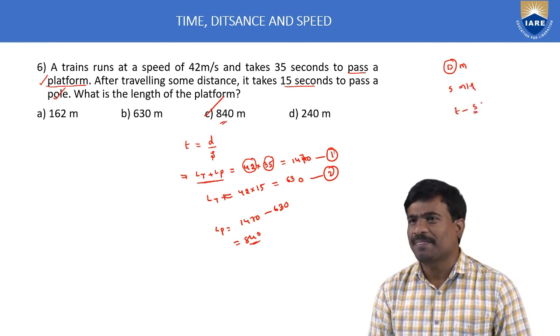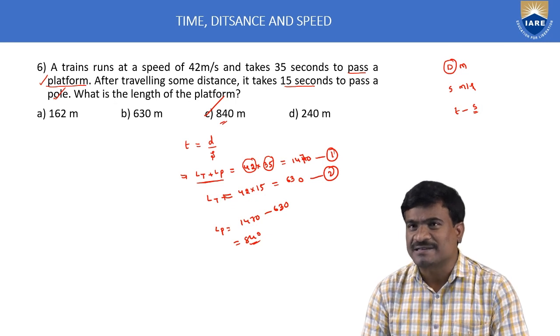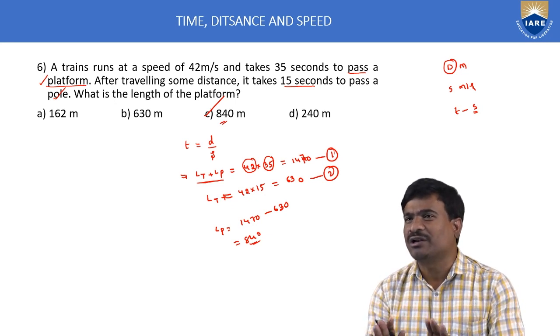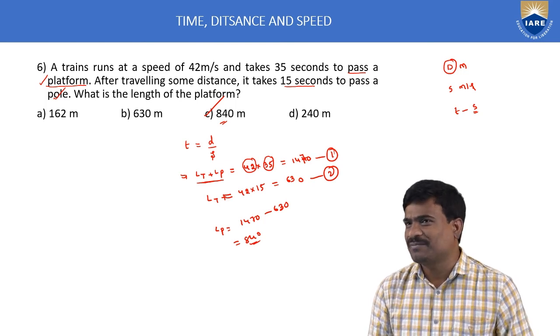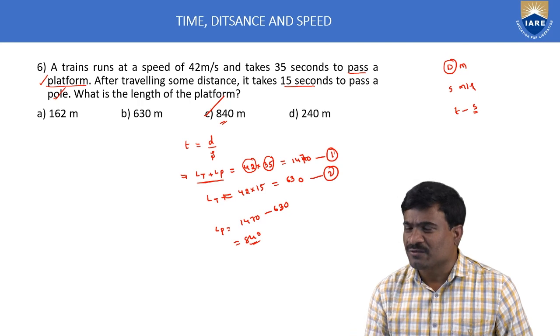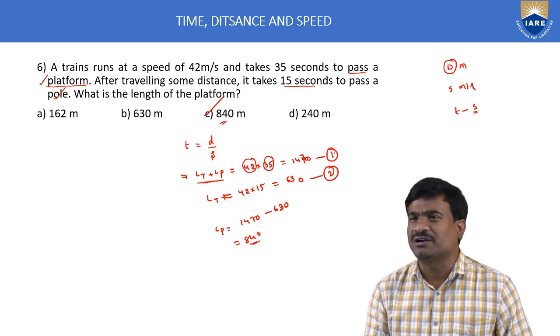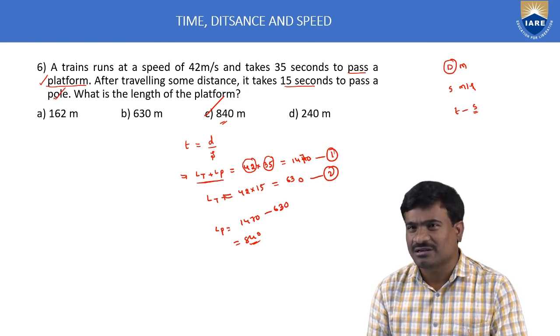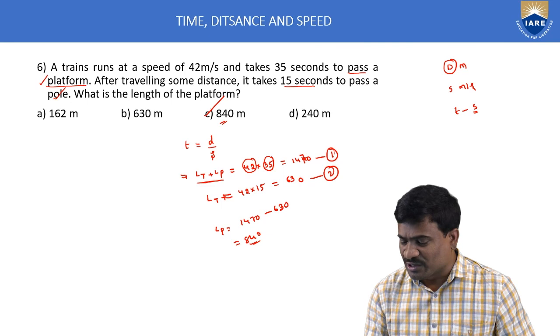Please note once again: in time, distance and speed, basic level questions use only the conversion method. Conversions always depend on distance. Just read the problem.